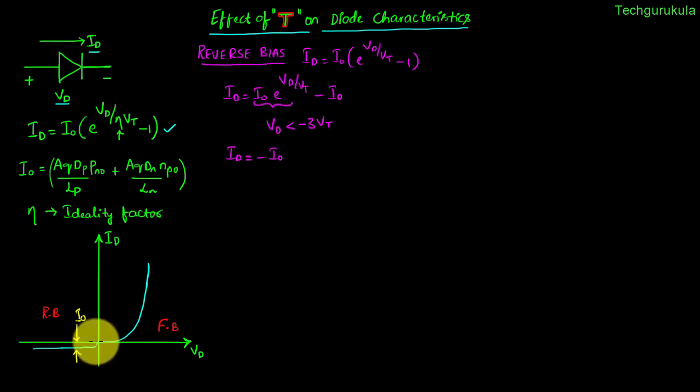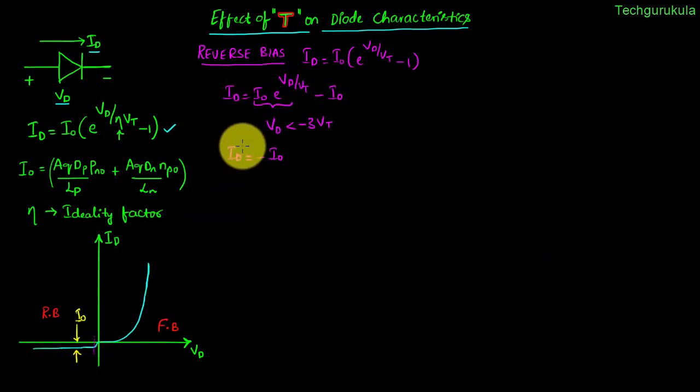That's why we have shown the current characteristics here in reverse bias as constant, not changing with respect to the potential applied. For a very small voltage applied in reverse bias, there is an increase in the current in the negative direction, but as we increase beyond a point, it doesn't change, it is constant. That is when this exponential term is neglected.